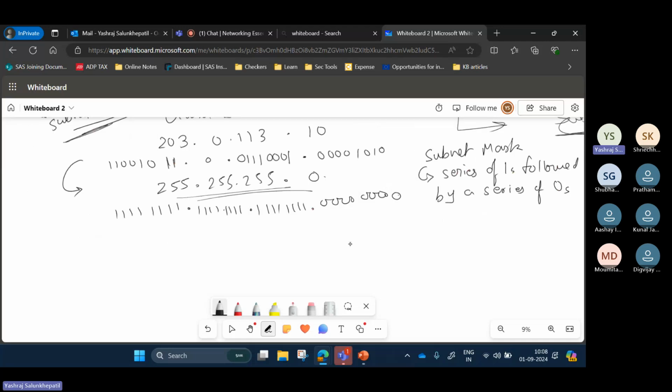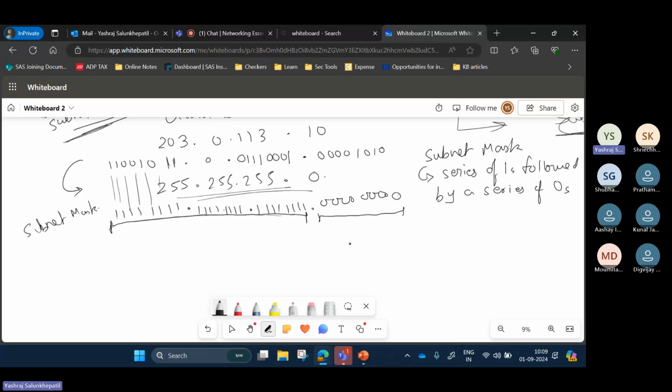This is what a subnet mask is. Now wherever there is a one, ये वन जहां तक जा रहा है वहां तक it is the network portion.